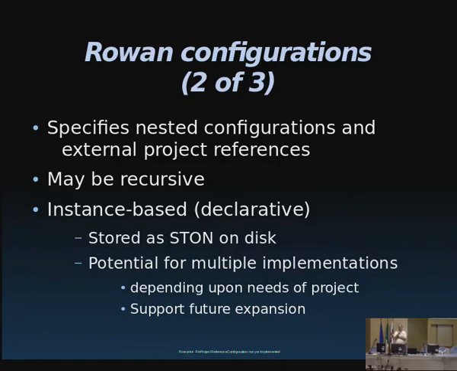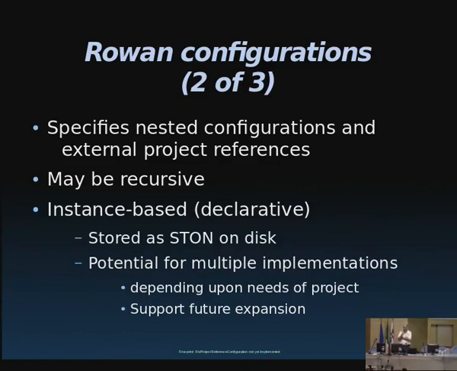The other thing that Rowan has is that configurations can be nested, and actually I think I've got 4 or 5 different classes implementing configurations at the moment, and configurations can be recursive, all right? So in Metacello, one of the classic problems is ending up with a dependency loop that Metacello can't solve. And rather than try to solve the problem, I decided you can recurse.